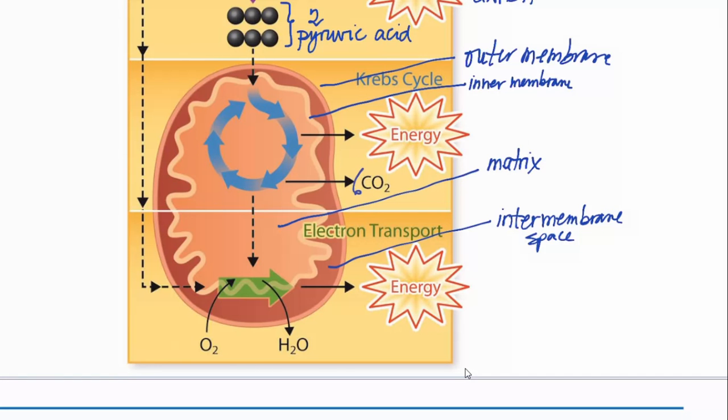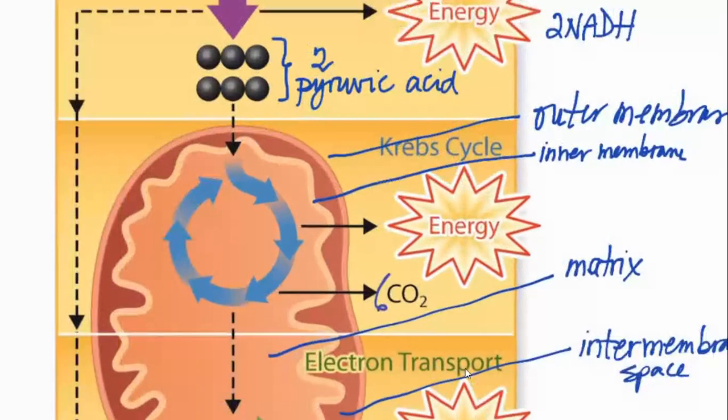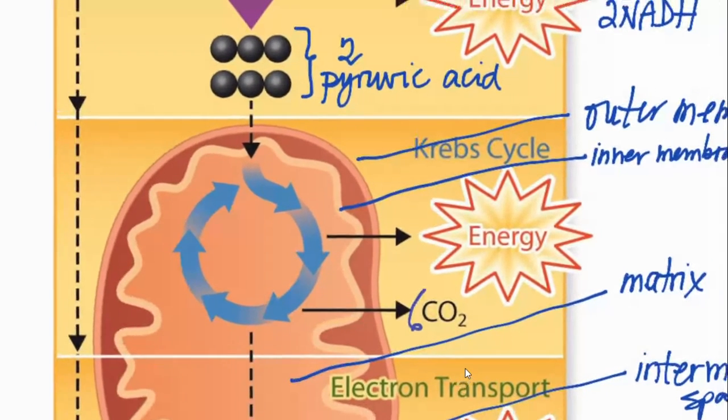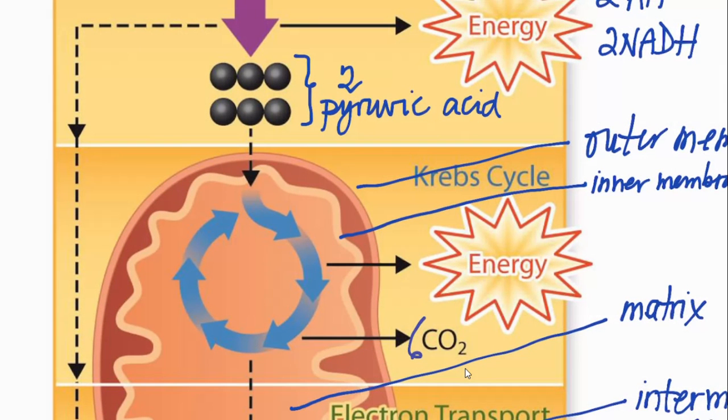All right, so let's focus on the Krebs cycle. The Krebs cycle is the first of 2 steps that happens in the mitochondrion. And in the Krebs cycle, the pyruvic acids that were produced by glycolysis get imported one by one into the matrix of the mitochondrion. And there, each carbon from the pyruvic acids is popped off one by one and converted ultimately to carbon dioxide.